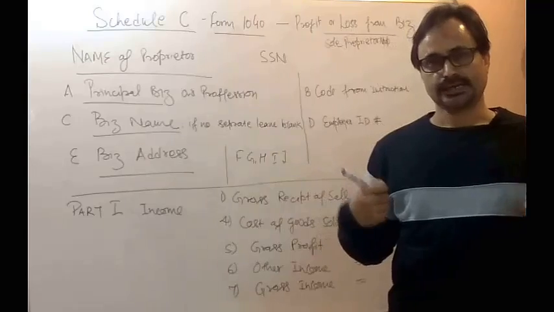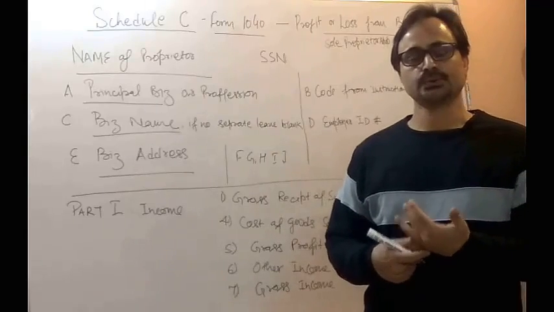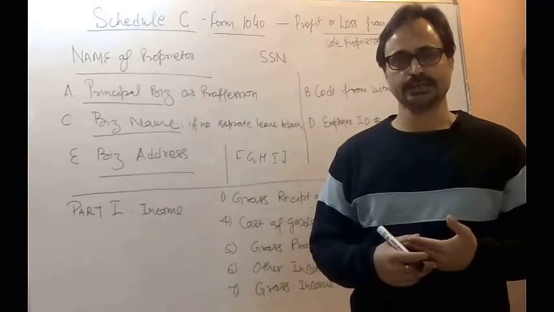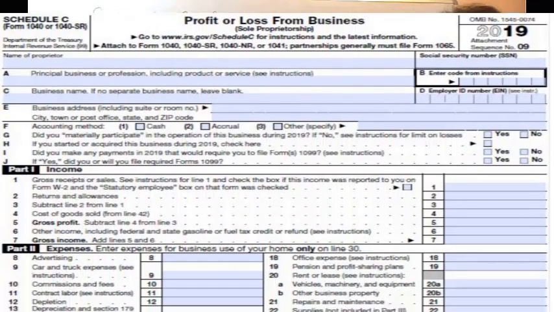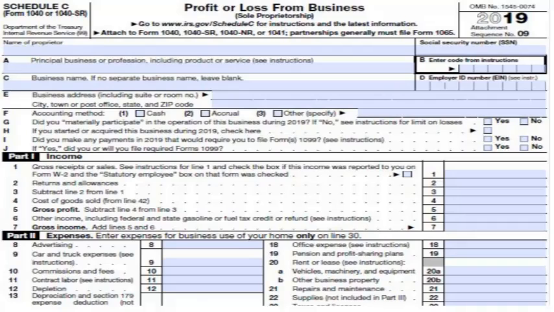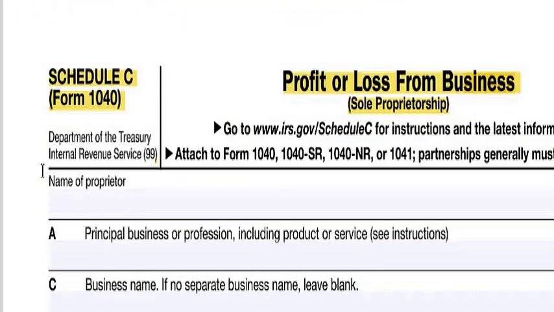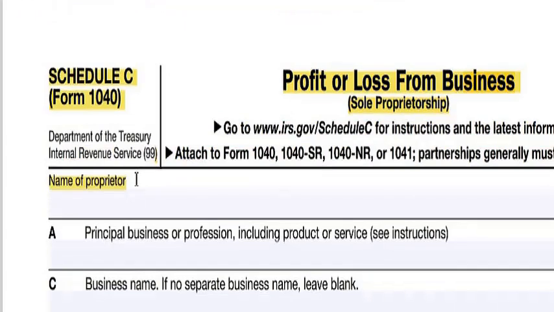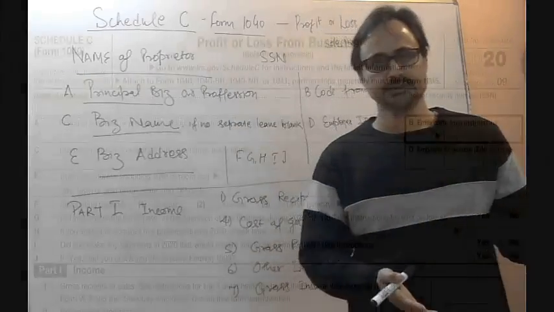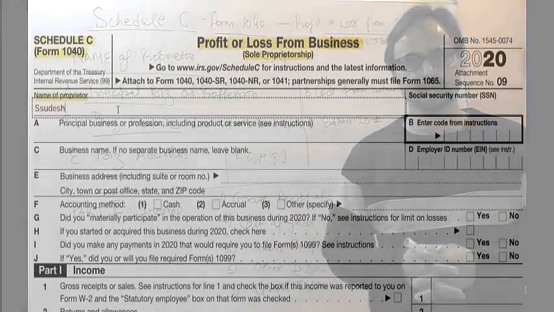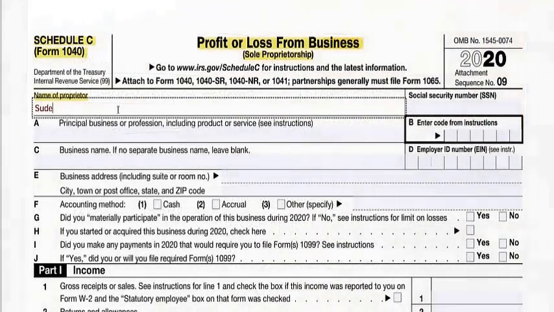And as an underwriter, we are going to analyze this Schedule C form. The very first line of this schedule is the name of proprietor. Say it's Indigenous Outlook and I am the owner of that entire business, then my name, Sudesh Kumar, will be written here.